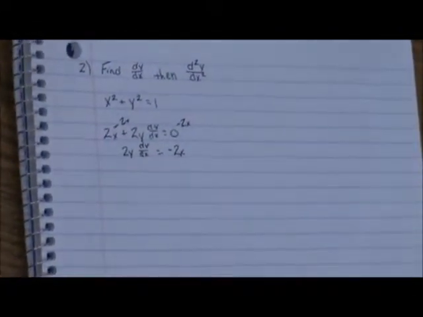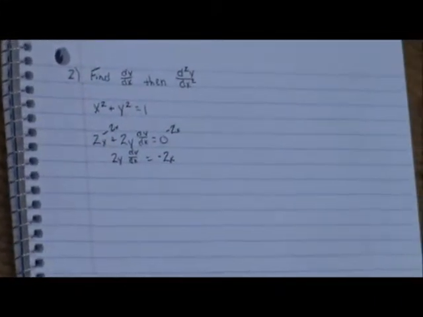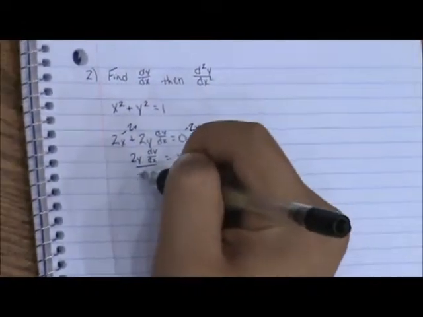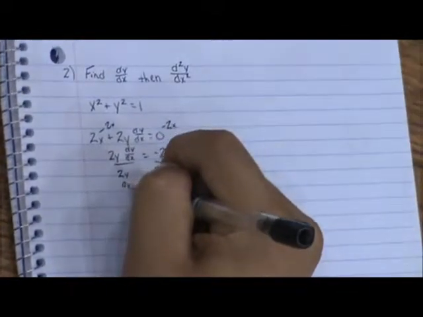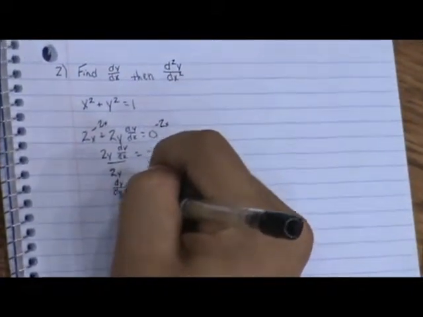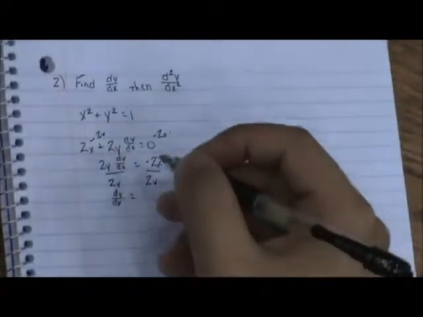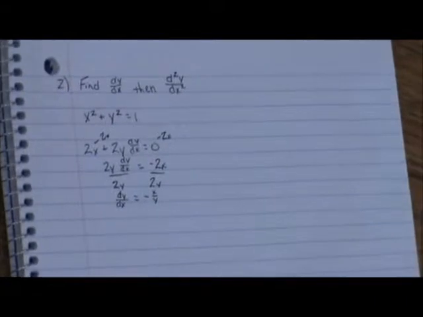Now you're able to divide by 2y so that you're able to find the first derivative. By simplifying, you're able to get negative x over y for your first derivative.